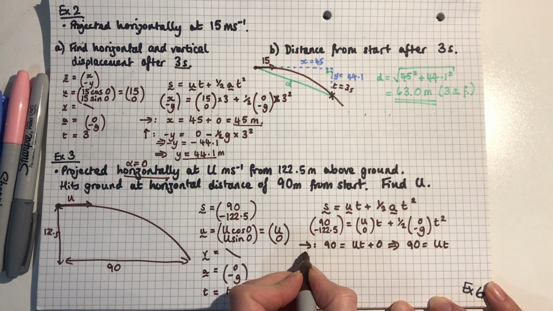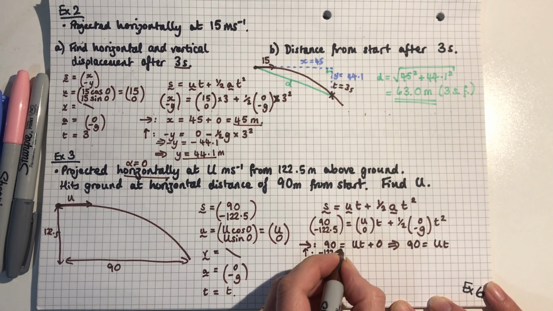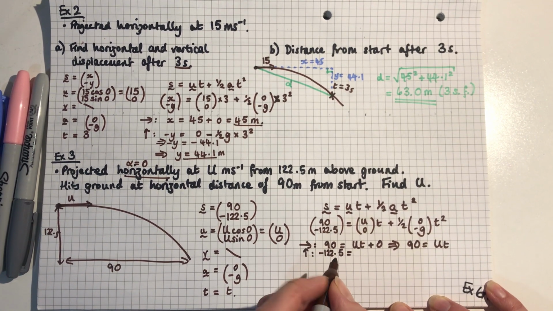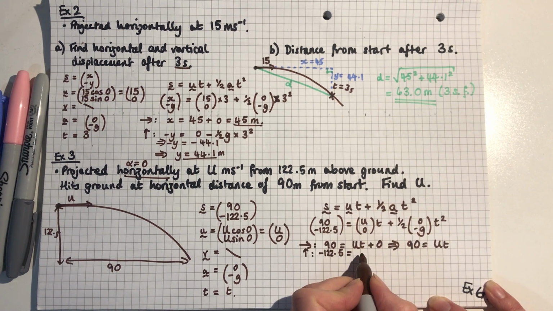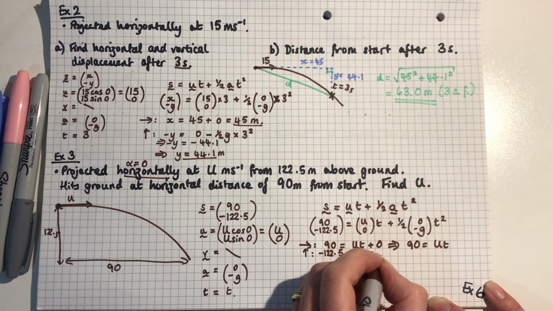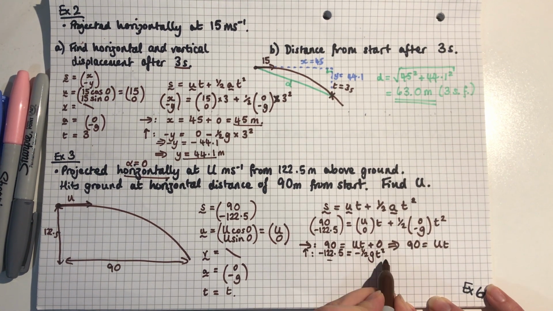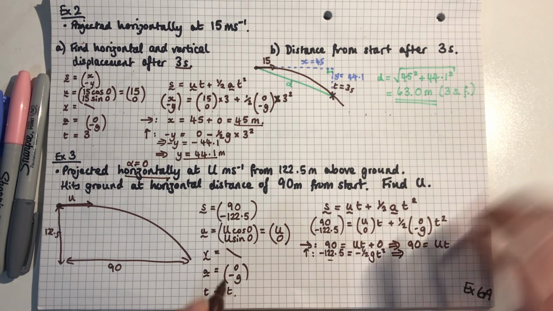Write out our vertical equation. We've got 0t, so I'll just leave that blank, minus half gt squared. Now, look at this one. I can solve this one because I've only got one unknown, that's t. So let's solve that one.